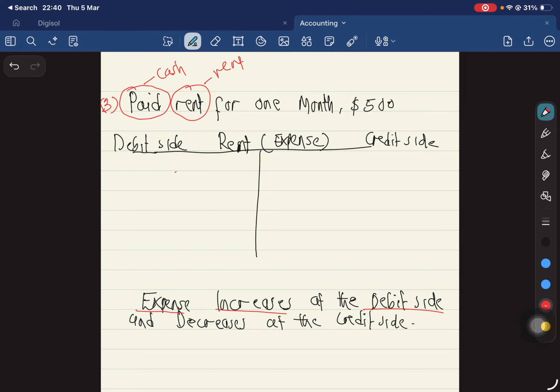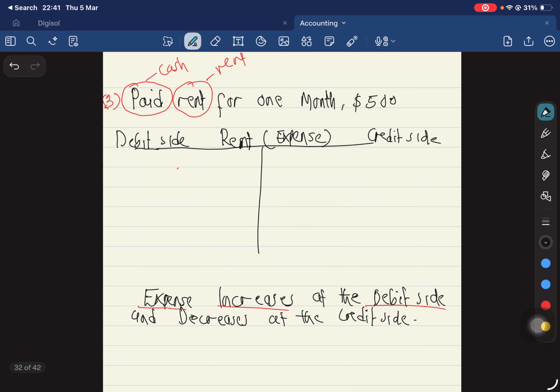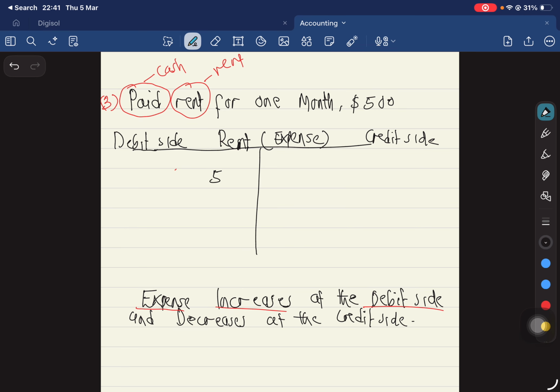So we record it at the left side of the T account, which is the debit. We record the 500. It's increased because we paid for it. What did we use to pay? Cash.